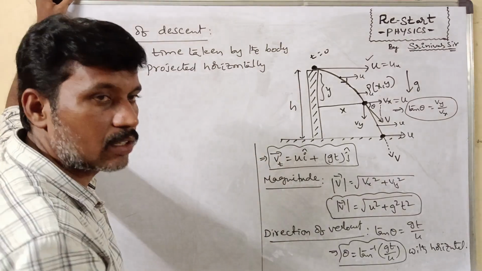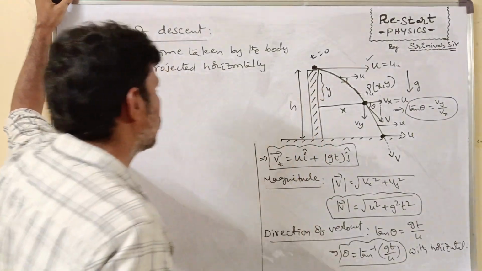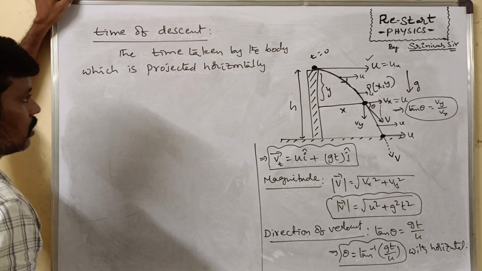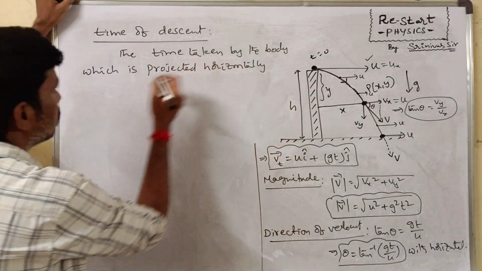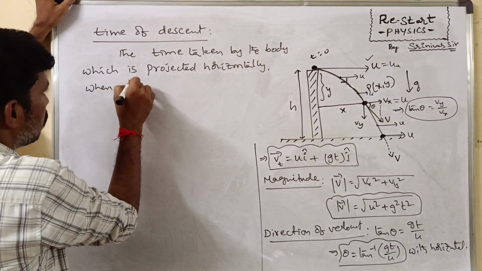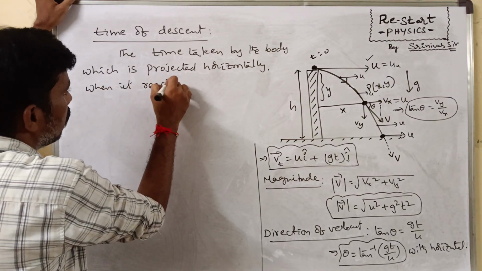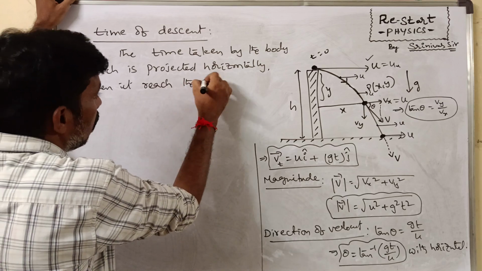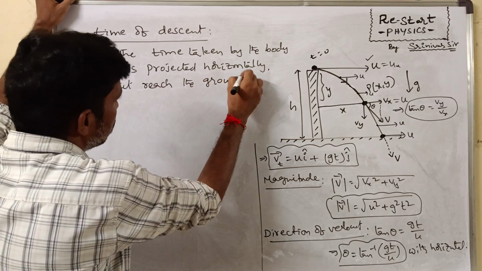with initial velocity u, whatever it will be, when it reaches the ground or striking point.